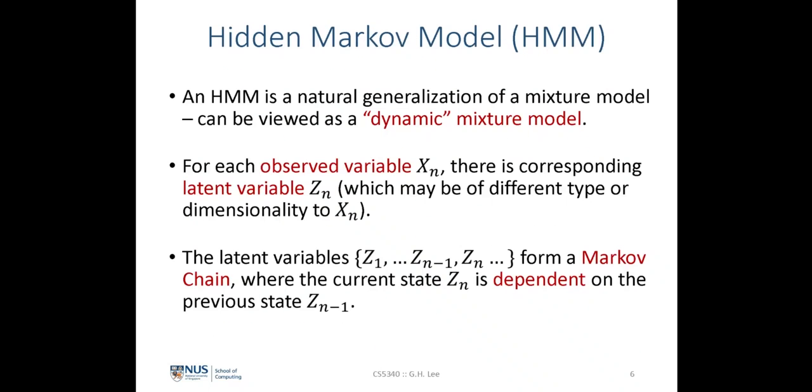Having seen this example, we can say that the HMM, or hidden Markov model, is actually a natural generalization of the mixture model, which can be viewed as a dynamic mixture model. Again, let's compare the two graphical models. The mixture model graphical model looks something like this, where Zn is pointing towards xn, which is our latent random variable pointing towards our observed random variable.